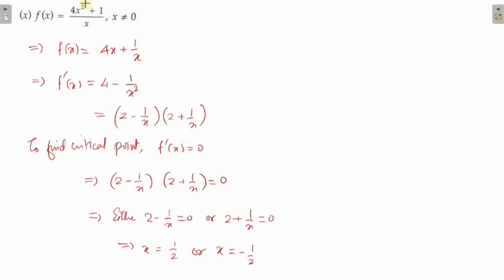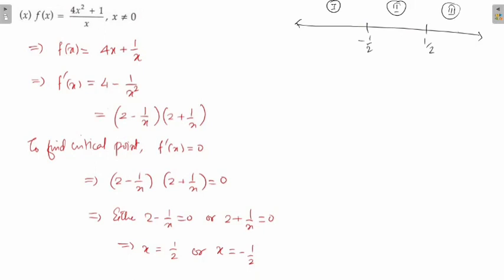Now again, I'll draw a real line and plot minus half and half. So again there are three regions being set. Let me call these region 1, region 2, and region 3.